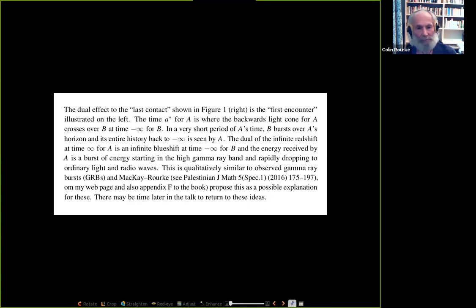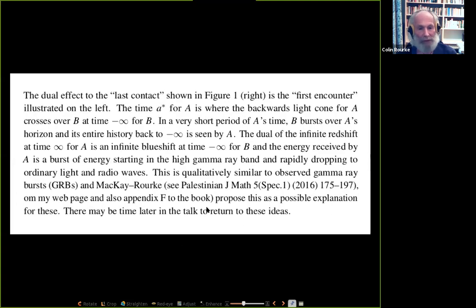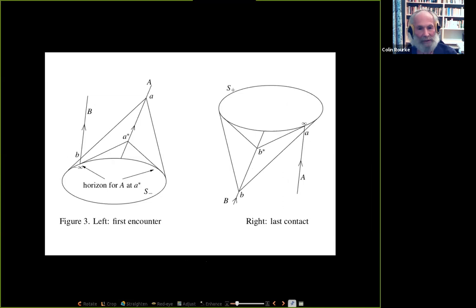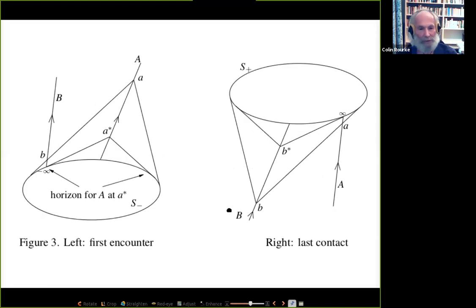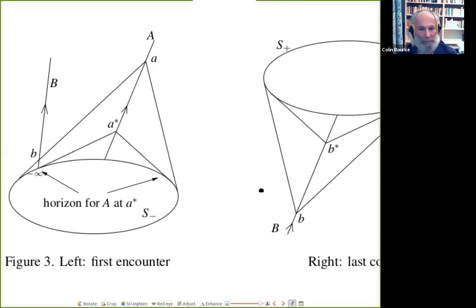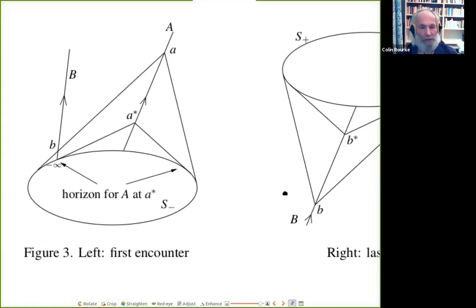So let's go on. The dual effect, going backwards in time, is the first encounter illustrated on the left. So let's go back to that. Blow it up, move it into the screen, if we can. So this is the first encounter now. So now we're down at the bottom light sphere.